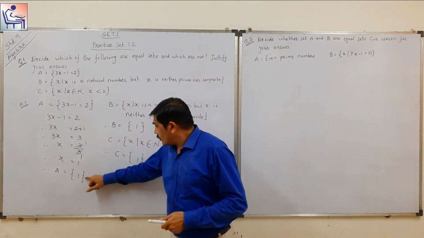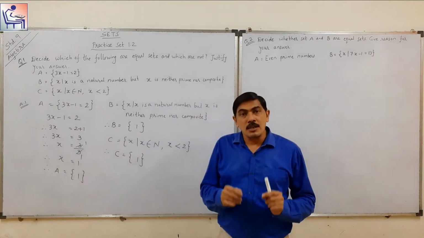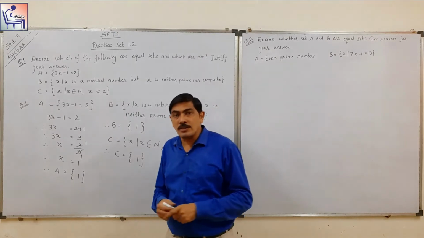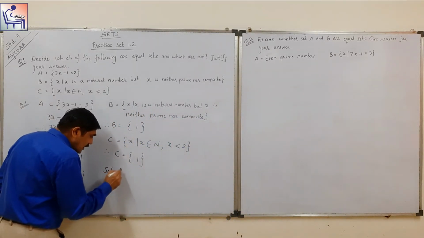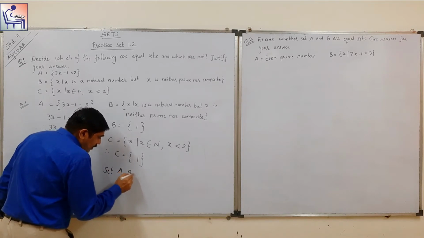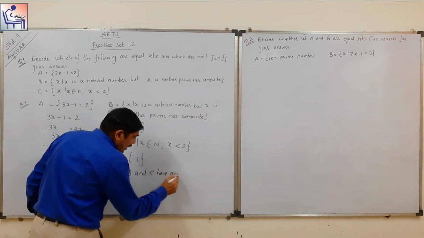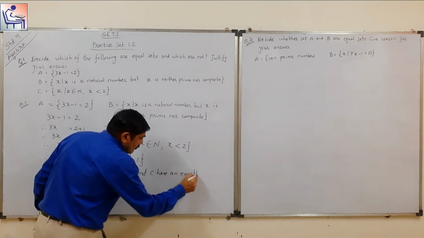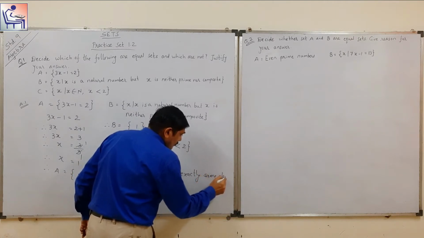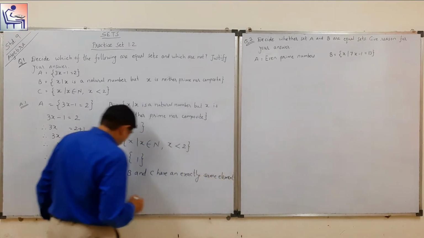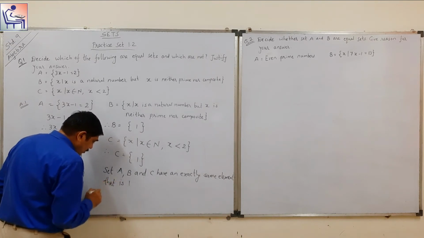Now if you have seen set A, set B, set C, all of them have an equal element, and that is 1. So here we can say that sets A, B and C have exactly the same element, that is 1.